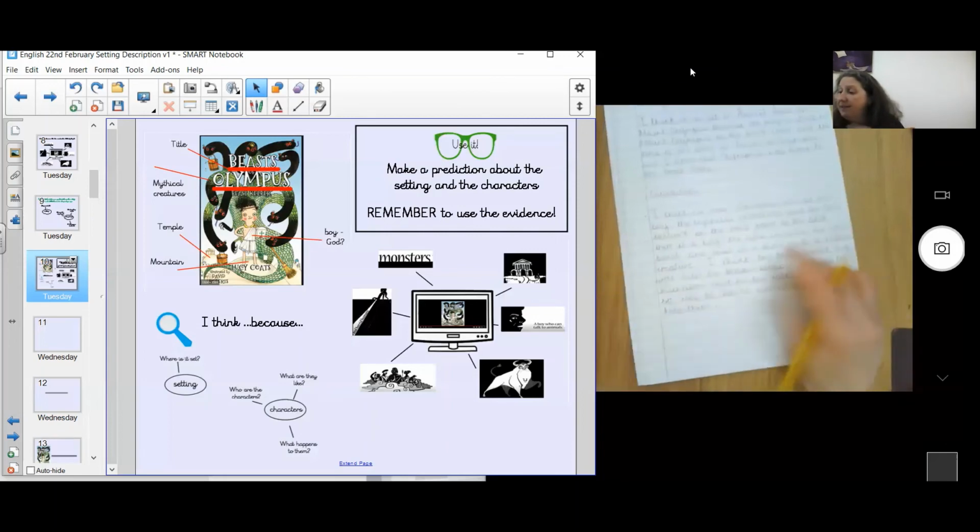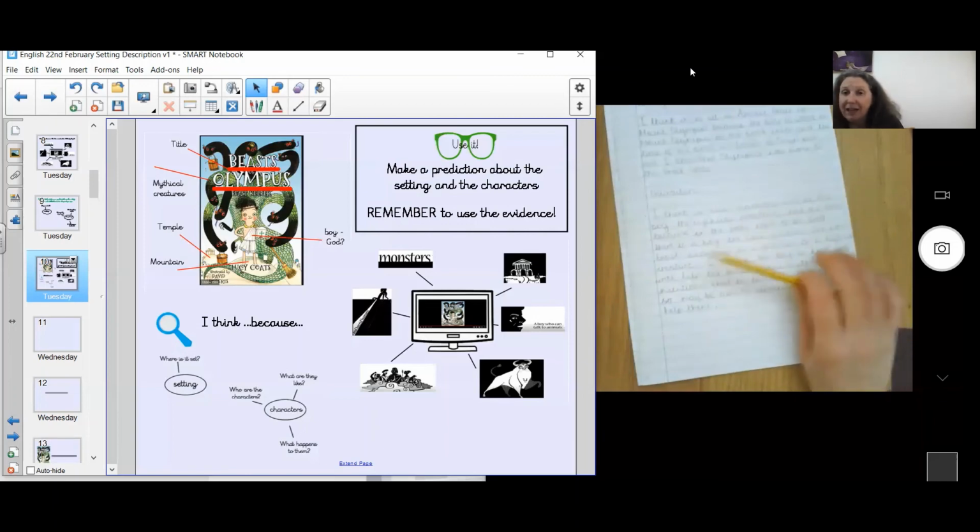Okay, so I've gone ahead and I've said, starting with the main characters, that I think the main characters will be the boy, the mythical creature, and the gods. And then I followed that with because, and I've used the evidence from the book. I've then moved on to what I think they would be like.